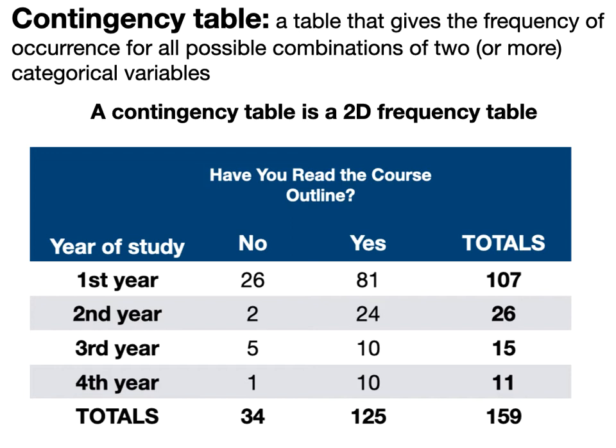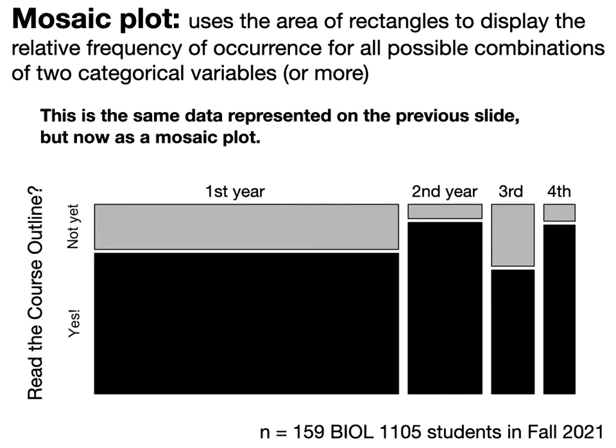Okay, so that's a lot of information to take in from a table. This is a graph that shows you the exact same information. This is a graph that shows you the relationship between two categorical variables. It's called a mosaic plot. It's very similar in concept to the bar graph, except we're using two variables here, right?